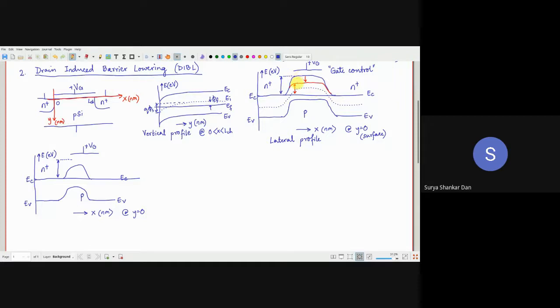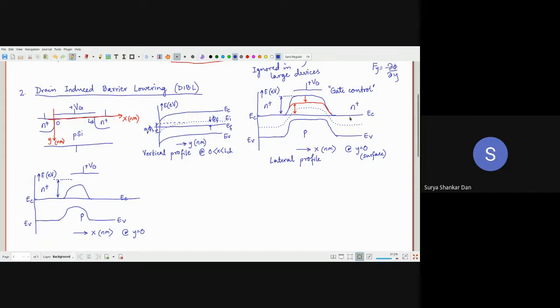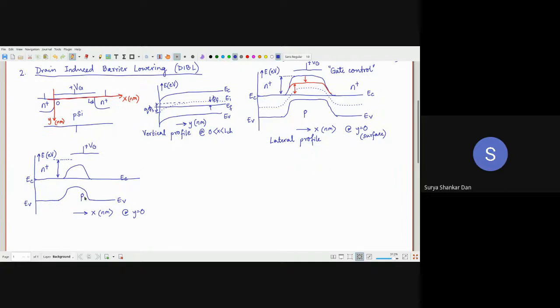Try to think about it. Now, irrespective of the VG, it will be reduced. So in case of the gate control for the larger device, we knew that the only way you can reduce this barrier was applying the VG. But in short channel devices, even if you keep the same VG, the same N region is here, there is a drop in the barrier height because of short channel.